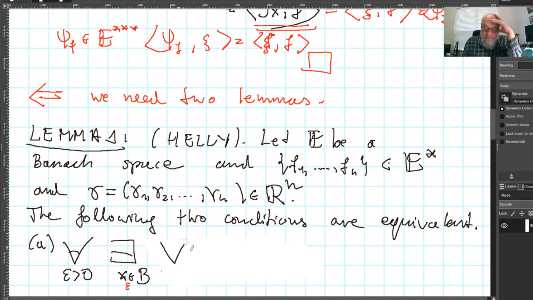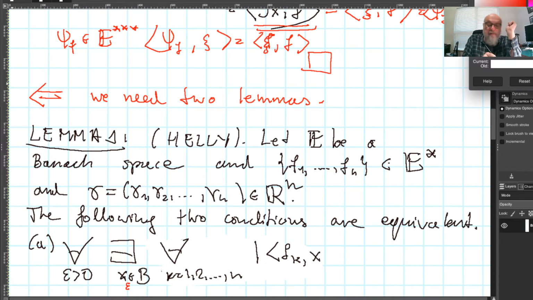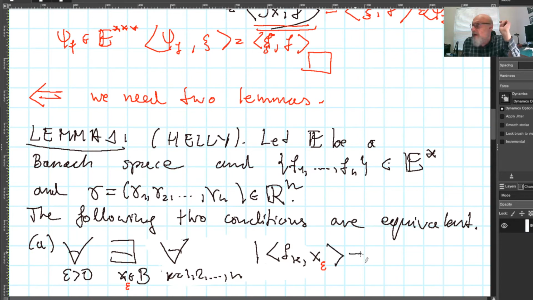And then we have for every k equal 1 to n, we have here that fk of x, and this will be again epsilon, and let's change, close, and this will be minus gamma k, smaller than epsilon. The condition 1 is here.